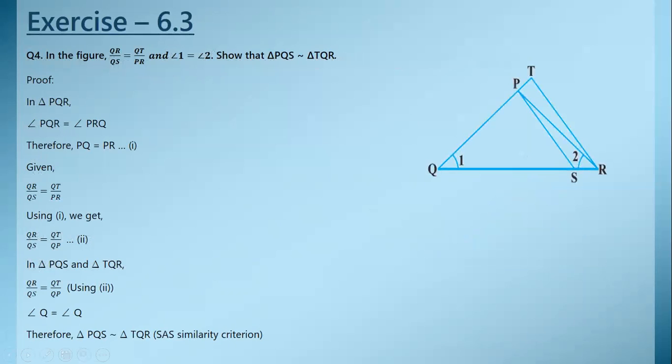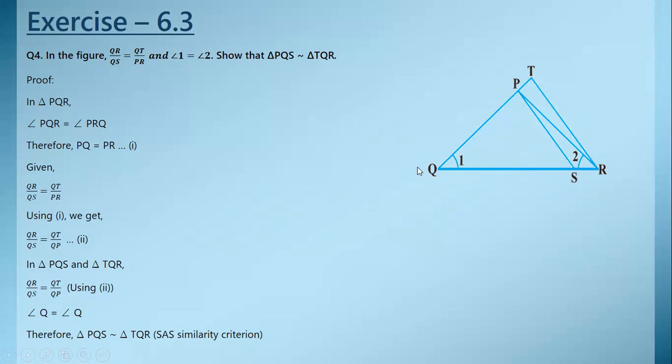So with the given, we are going to prove. For that, in triangle PQR, this triangle we take angle PQR and angle PRQ, that is angle 1 and 2 are equal. So therefore PQ and PR are going to be equal because sides opposite to equal angles are equal. Now it is given already that QR by QS is equal to QT by PR.